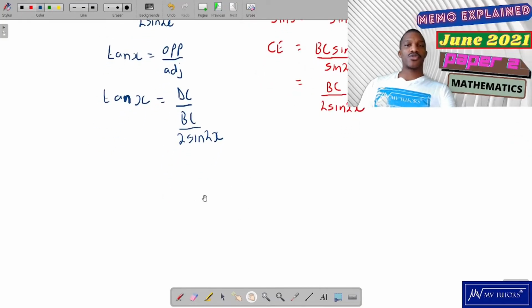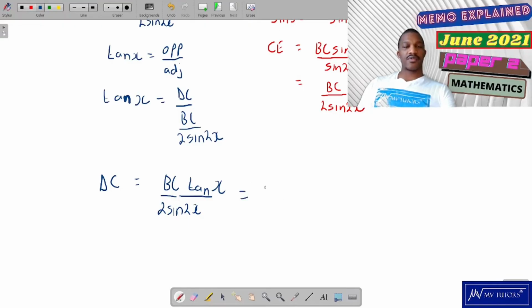Okay, so now we have to do some mathematical gymnastics once again. We want to make DC the subject of the formula, so I'll just bring it this side so that we'll have DC is equal to BC over 2 sine 2x, but remember we have a tan, so we'll multiply this whole thing with a tan x. Okay, we'll just continue with our gymnastics over this side.